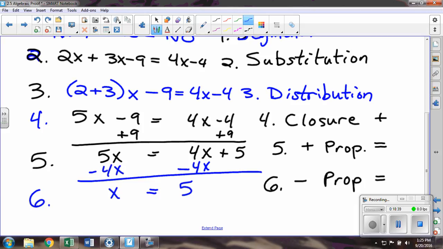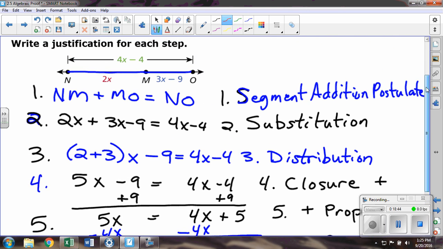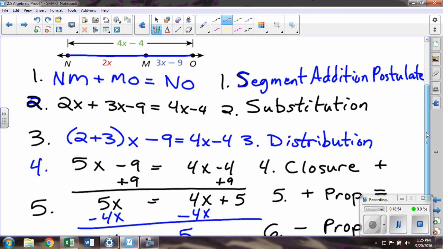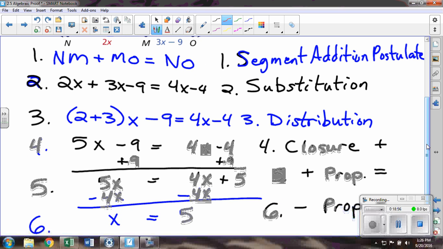And the structure for this proof is trying to explain, we have all of this work with recognizing the segment addition postulate, building the equation, running through the algebra, and solving the equation. Every step along the way, though, we're writing down in this right-hand column a justification.